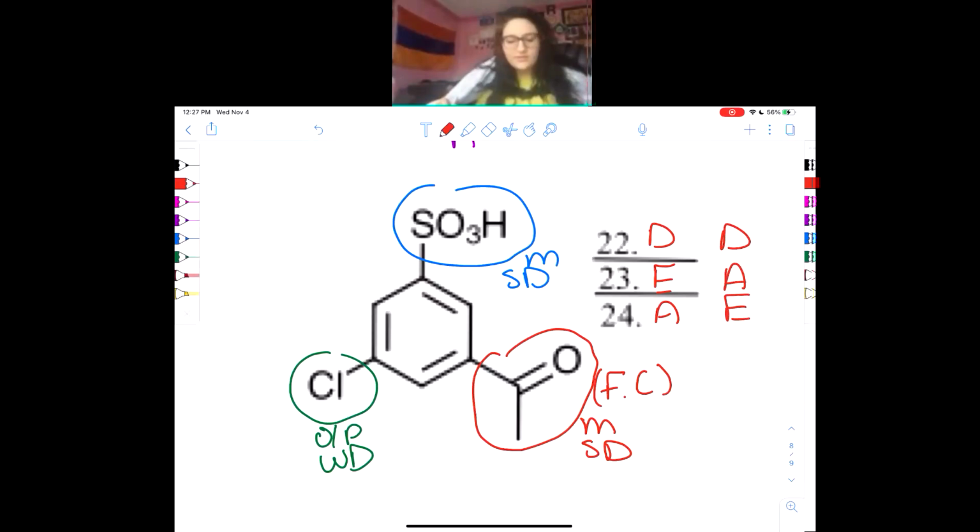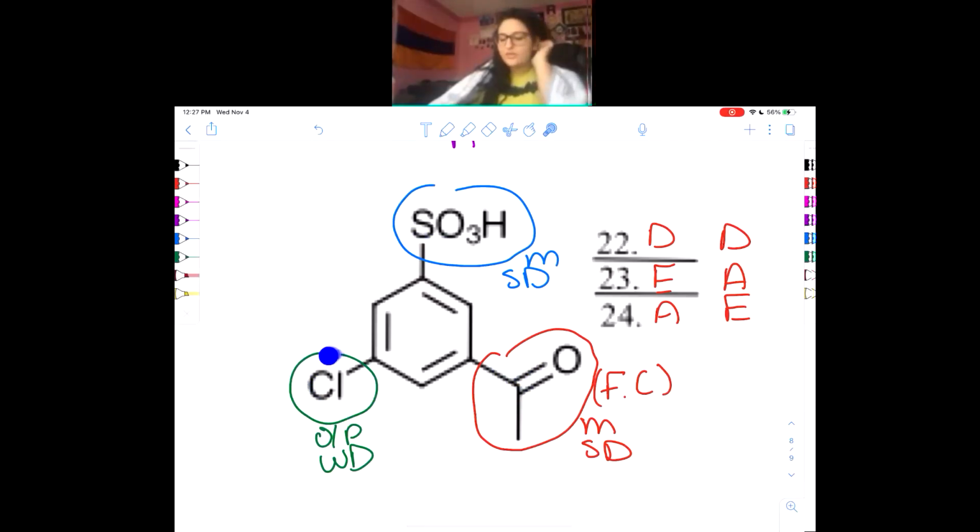And let's look at it. So D would be the acylation, and I'm glad you guys put that before SO3H because we know that that wouldn't work because it's Friedel Crafts. And we can see that these groups are all meta to one another.